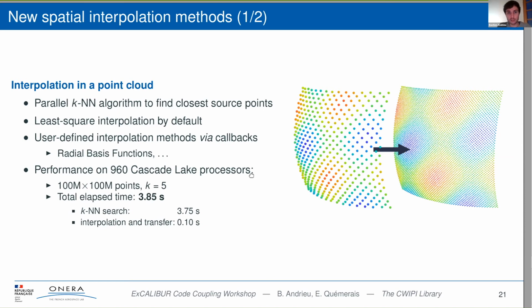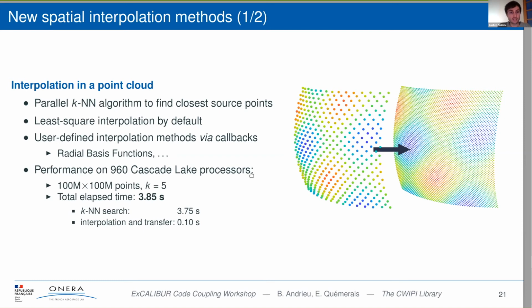And from there, you can interpolate. By default, we use a least square interpolation. But again, the user will be able to use their own interpolation methods using callbacks. So if you want to use RBFs, for example, you just have to plug in your own function.